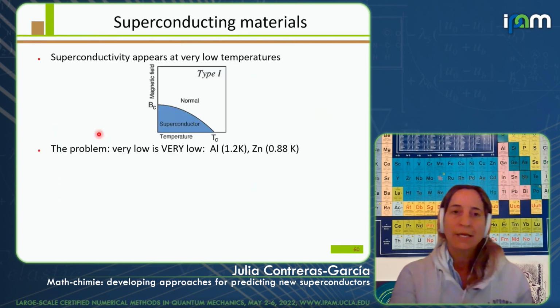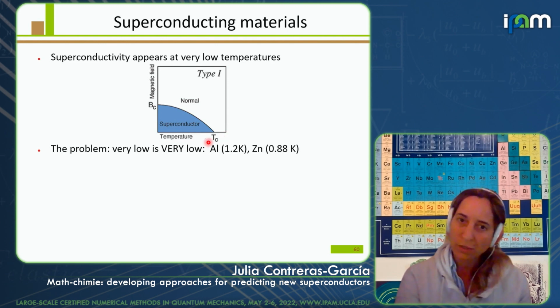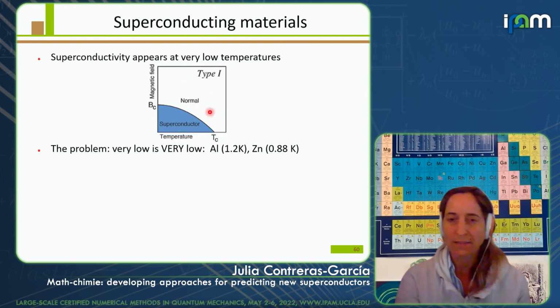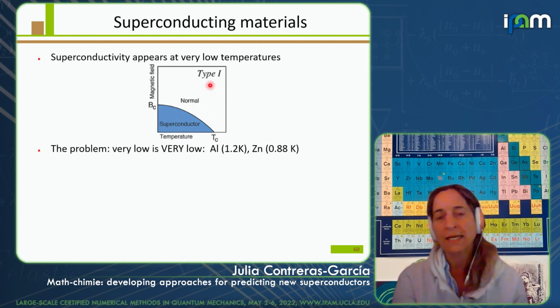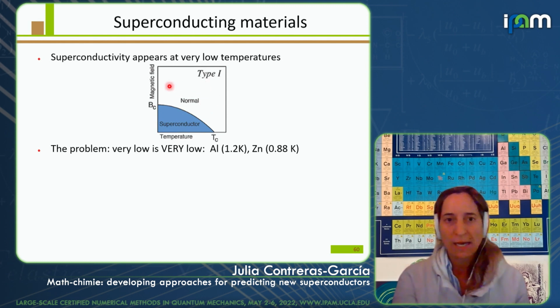However, superconductivity of type 1, which is the one we're interested in here, happens as we have a normal state at typically high temperatures and magnetic fields, and as we lower the pressure, we can enter into the superconducting state.